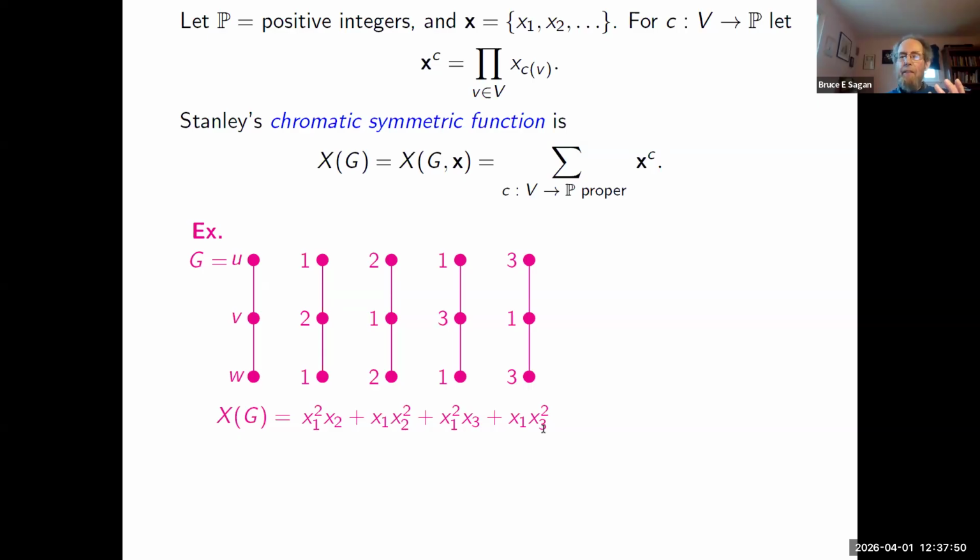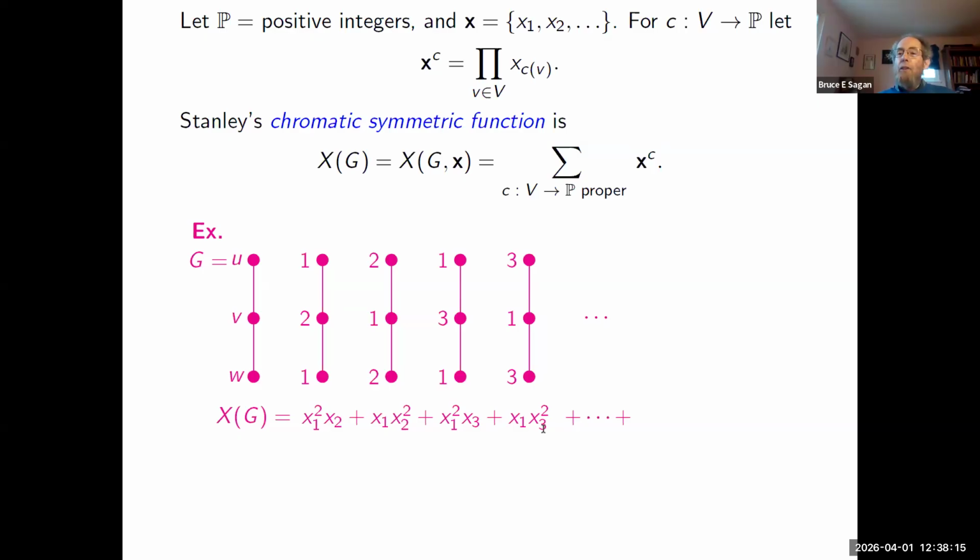I hope it's pretty clear that if I use any pair of colors, I'm going to get the same thing. So I'm going to get all monomials of the form xi squared xj. And that's symmetric, right? Because I've got all possibilities. Okay, but what if I use three colors? x1, x2 and x3, say.